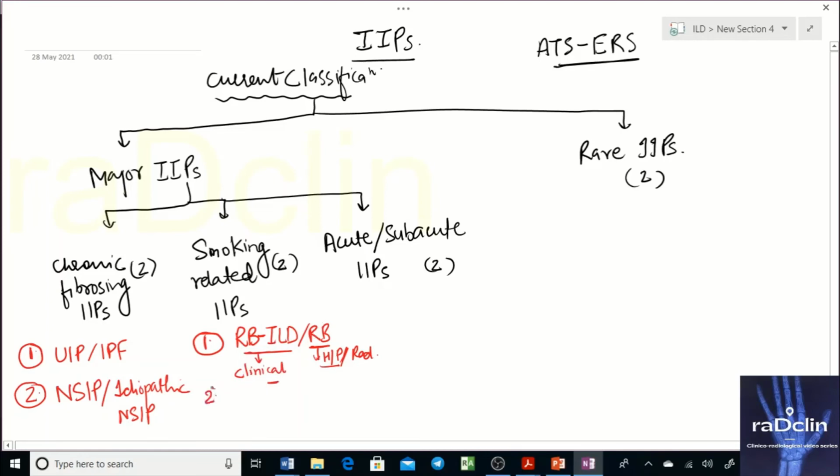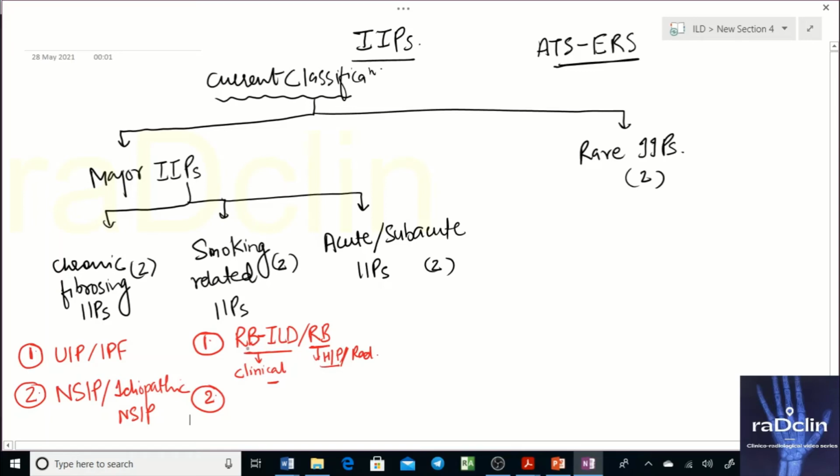Second thing, that is why we call it this on histopath or radiology: when you just see the HRCT image, you will call it respiratory bronchiolitis. If there are symptoms, then only you call it RB-ILD. If the patient is asymptomatic, you call it RB, respiratory bronchiolitis.